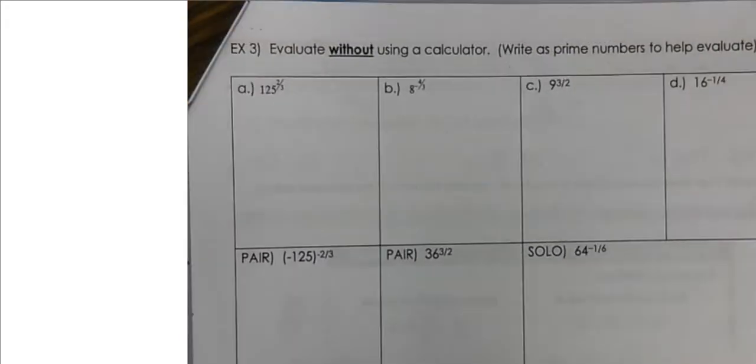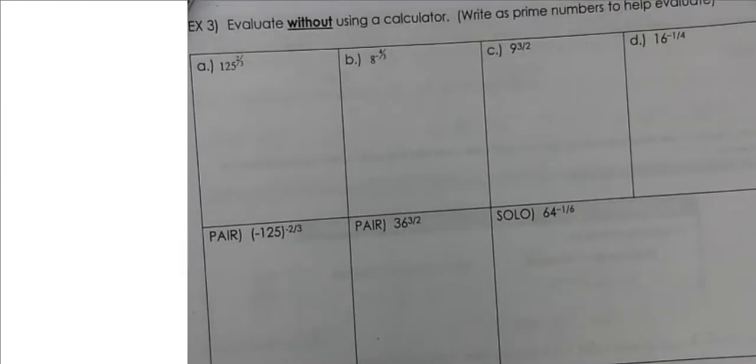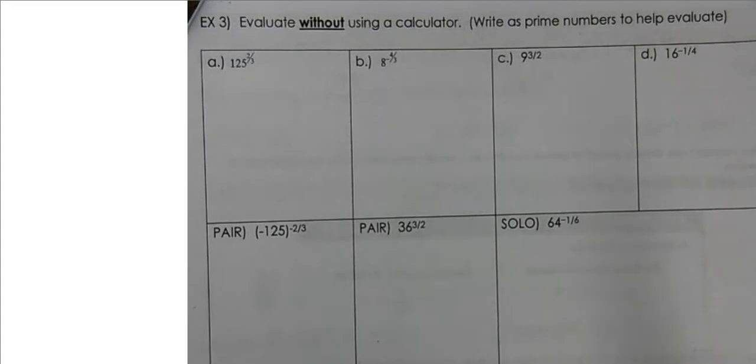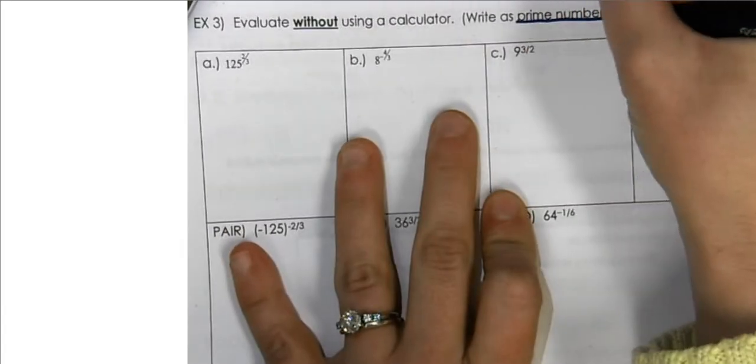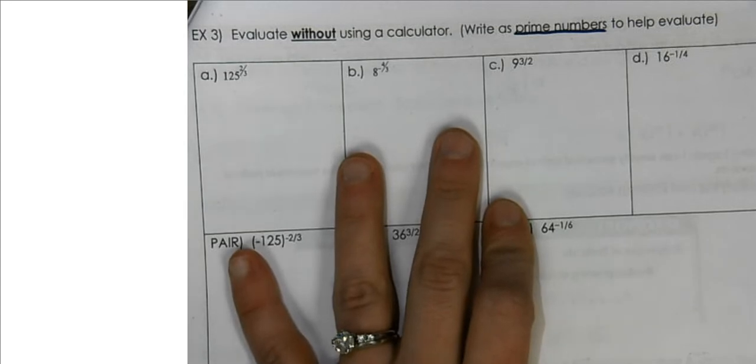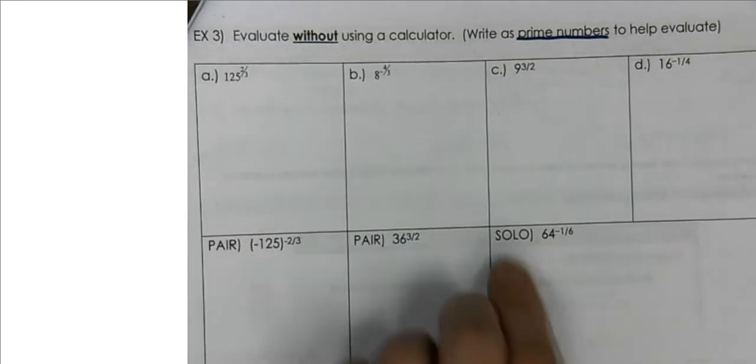So now we're going to put our calculators aside. One of the things that you will see on your quiz is that there's going to be a no calculator part. So we're going to evaluate these without a calculator. The strategy that I would strongly recommend is to use prime numbers and use all of the perfects that we listed in the very beginning of our lesson.